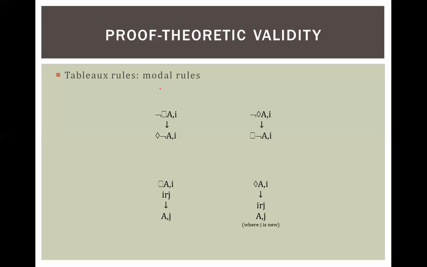Now here are the Tableau rules, the modal rules. So you'll notice that if you have a not in front of a box or a diamond, you want to get rid of that not in the front.